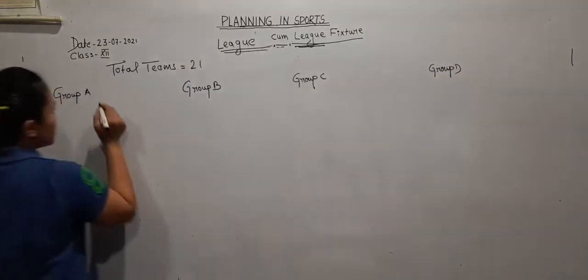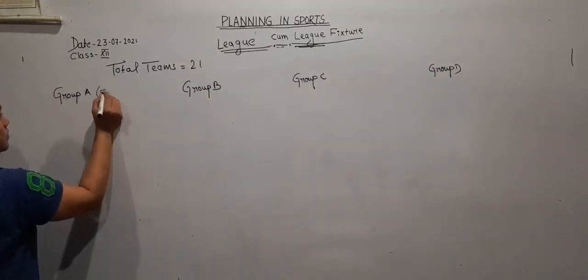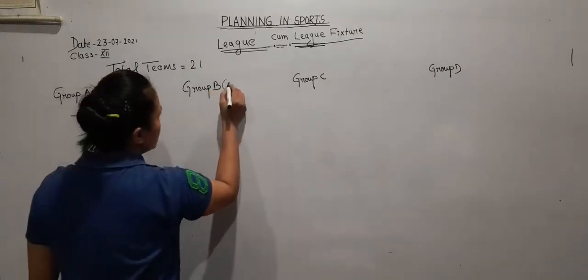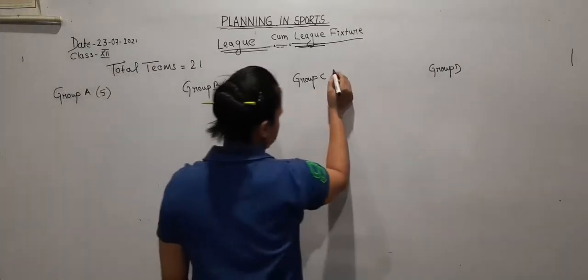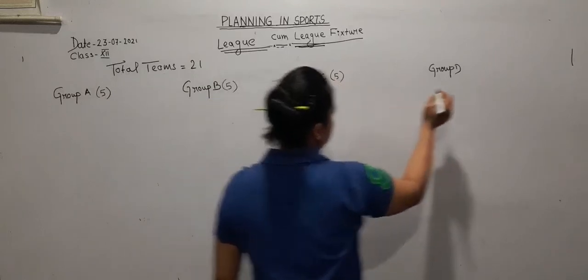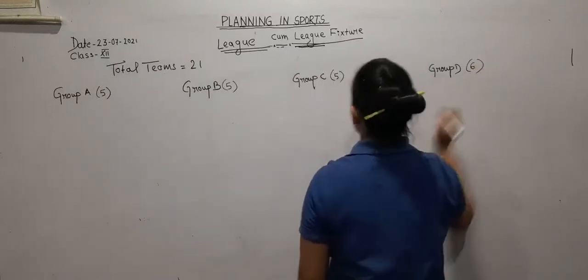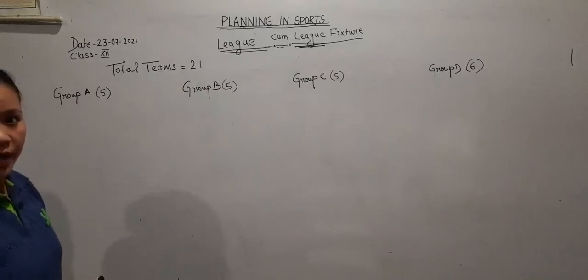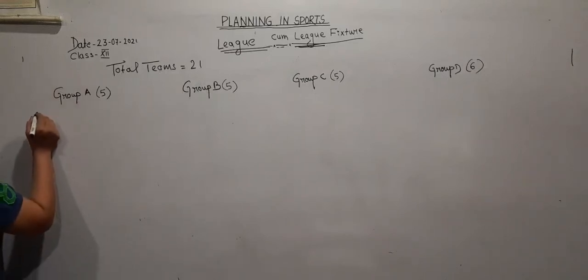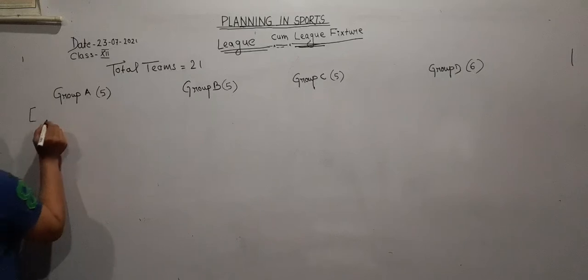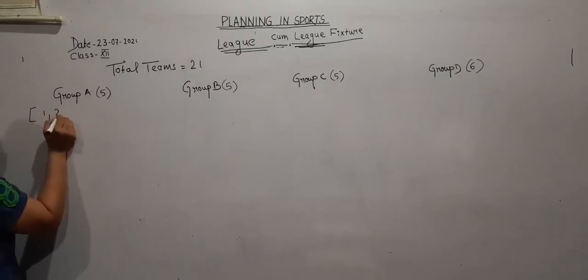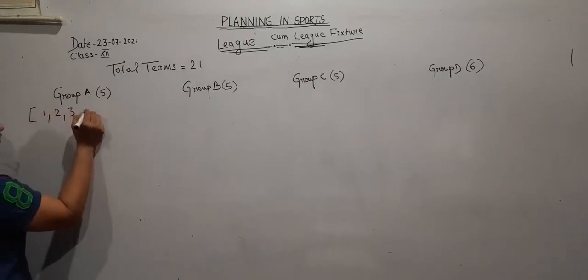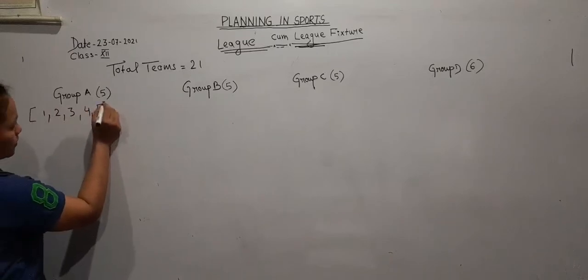21 players means in Group A, 5 and 6. Group A, there will be the 5 players. Group B, 5 and 6. 1, 2, 3, 4, 5.